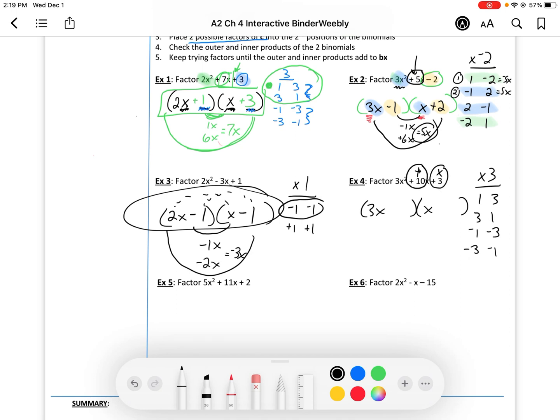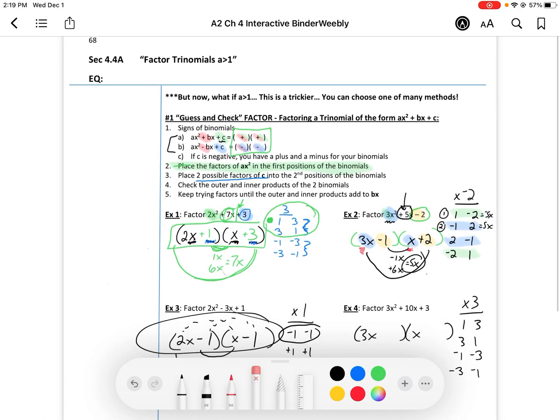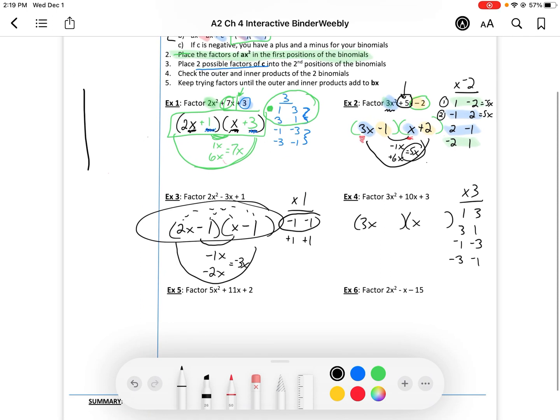I know they both need to be positive to add to a positive. What I'm trying to say is it matches these signs up here. See that? So it has to be positive, positive, which means I can eliminate these two options from my list. So I actually only have 2 options to try, plus 1, plus 3.